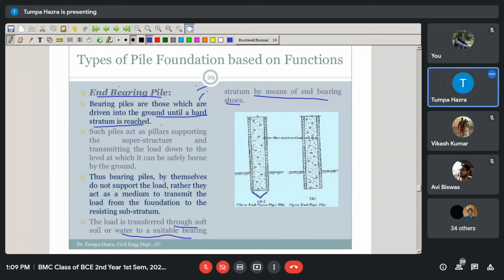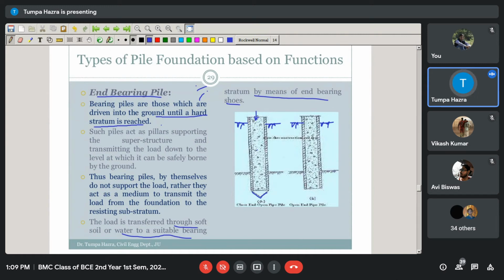So the load of the building, let us consider this is the ground surface, and the soil adjacent to the ground surface has less bearing capacity.